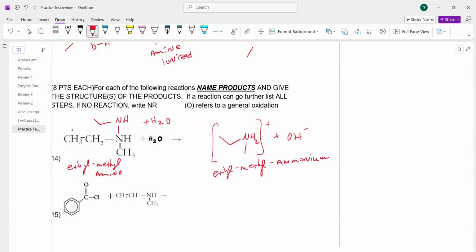Okay, so we've got the acid chloride, so that's benzoyl chloride, plus ethyl methylamine, and that's going to form an amide.